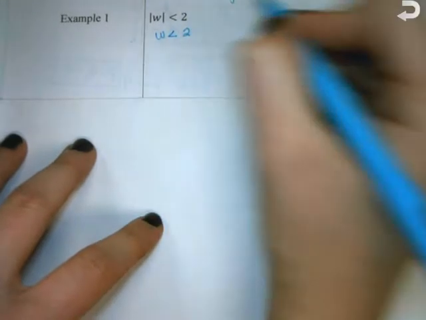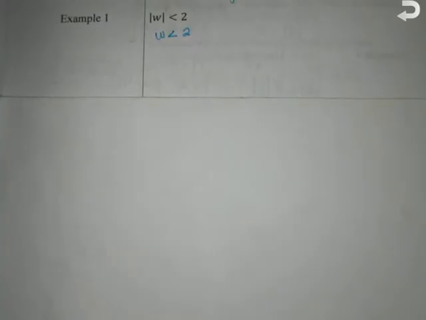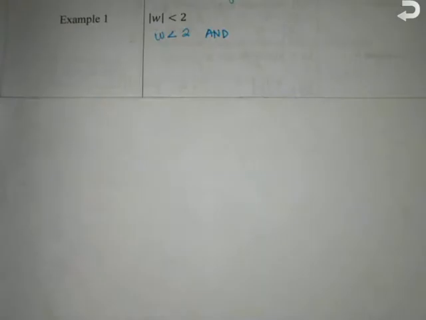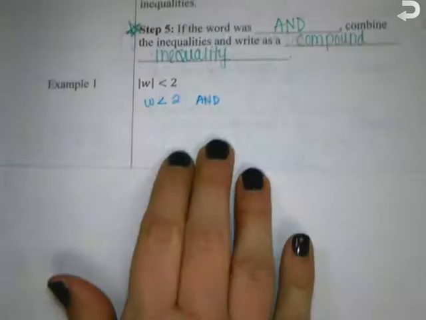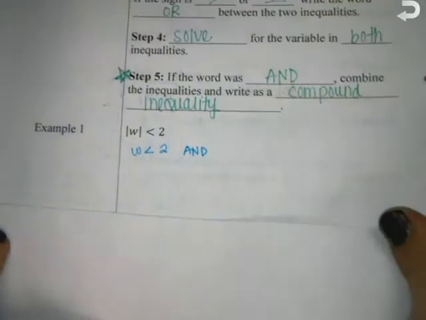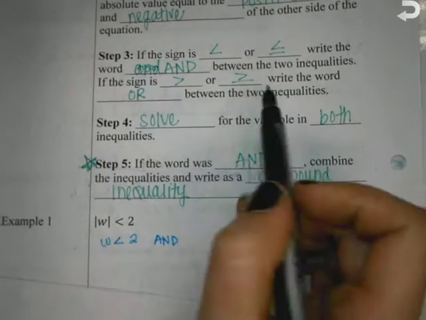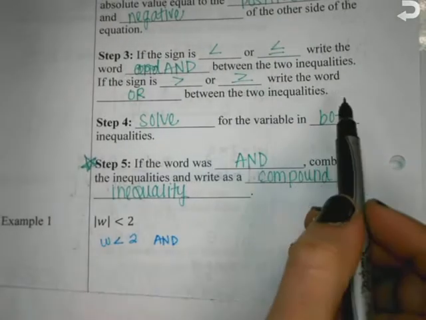Less than, and... oh, one step I forgot. Oh my gosh, I can't believe I did this. Included in step 3, where it talks about the signs and writing the word between the two inequalities, no, write it in step 2.